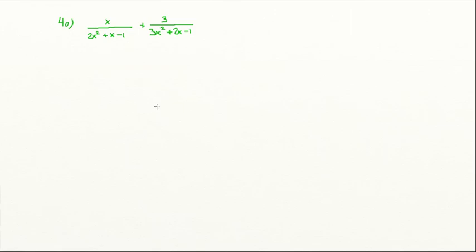X over 2x squared plus x minus 1 plus 3 over 3x squared plus 2x minus 1. Well, the denominators are very different. Let's first factor the denominators. So 2x squared plus x minus 1. Let's do our box method.